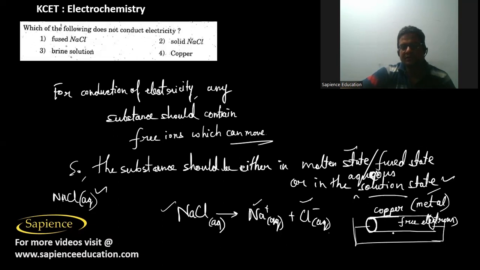Then the free electrons can flow through it and an electric current will be formed in the opposite direction of the flow of the electrons.